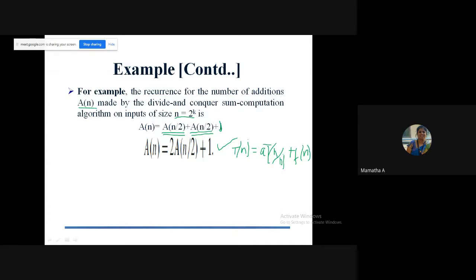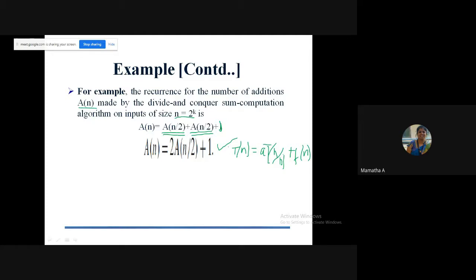And you all know that the order of growth of this algorithm is linear because we do n additions, not more than that. Now just tell me, comparing this equation with this, what is the value of A?